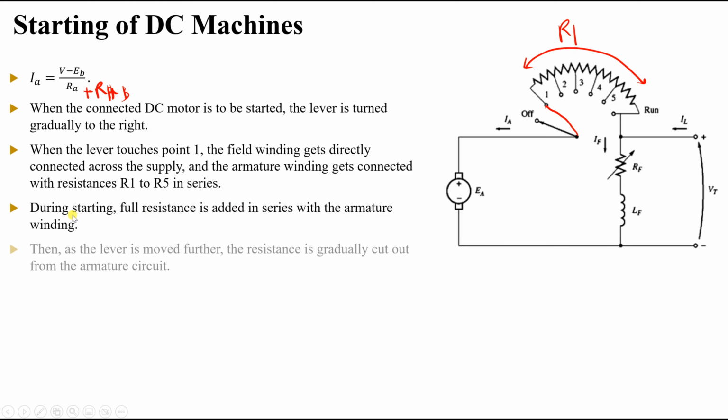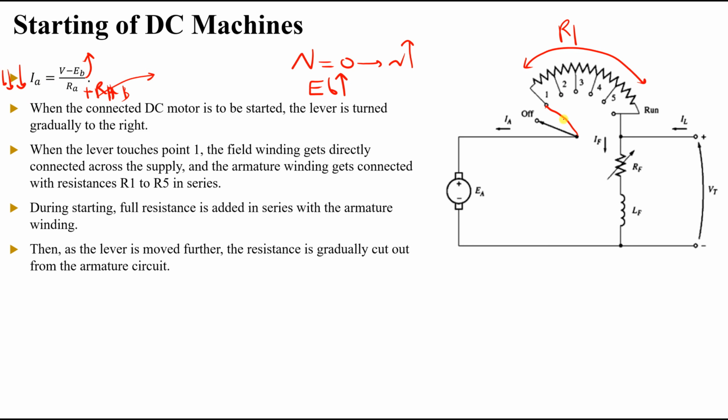As the speed of the motor starts going up, so when N, instead of being 0, starts going up, E back also will start going up. So if I keep this resistance, the current will go down more. So what I'm going to do is start removing resistance.